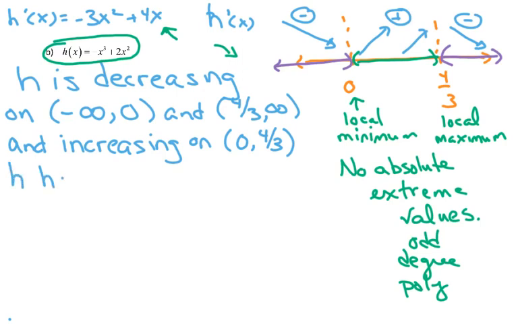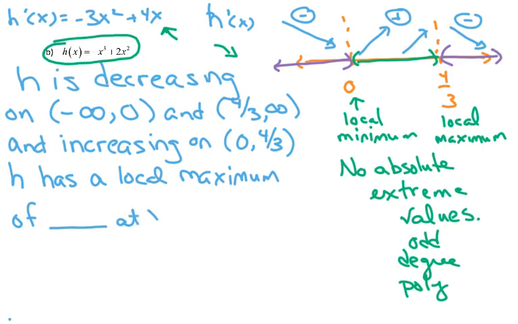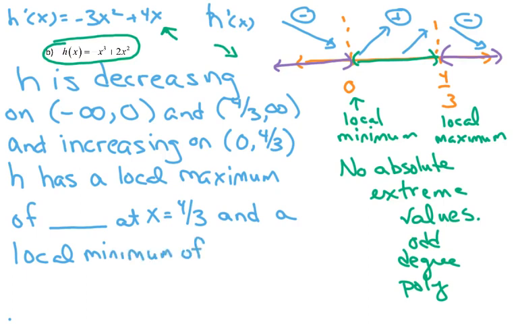So H has a local maximum of blank at x equal 4/3 and a local minimum of blank at x equal 0. So the local minimum is easy to figure out. H of 0 is 0.